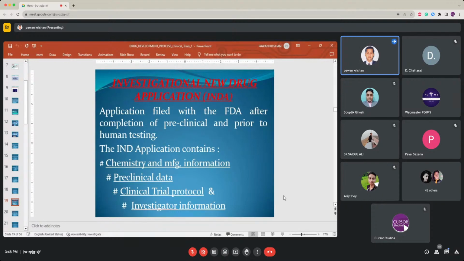That much is the volume of documents which are being generated, and all has to be submitted and examined by the regulatory authorities. You can think of how much critical work they have to carry out. So after submitting all this, you are going to get permission for conducting the clinical trial, if it is subject to their satisfaction, it is approved or not approved. The clinical trial approval is given, and then you get permission to conduct the clinical trial.